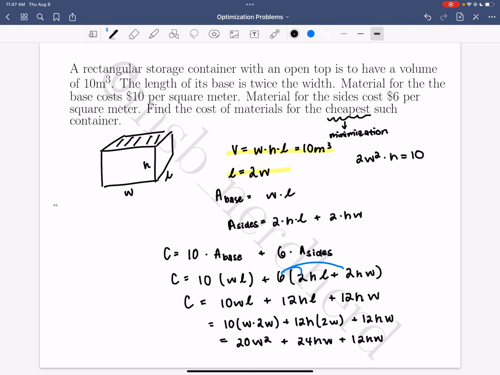Now, what we have to do is divide both sides by 2W squared. So we have H is equal to 10 over 2W squared, or H is equal to 5 over W squared. So this is the little piece of gold nugget information that we're now going to sub in down here.